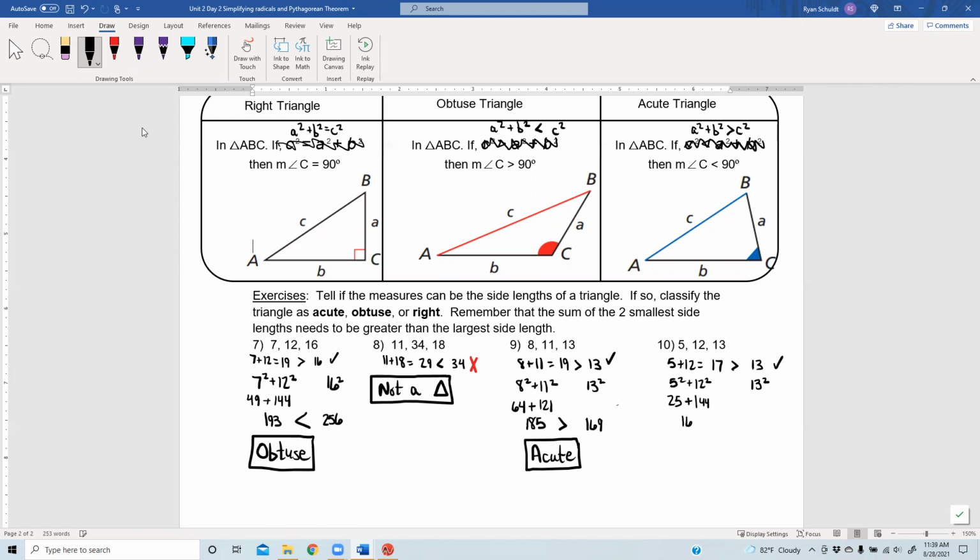Together, that's going to give me 169. 13 squared is 169. Those are equal. What kind is equal? That's right. Pun totally intended.